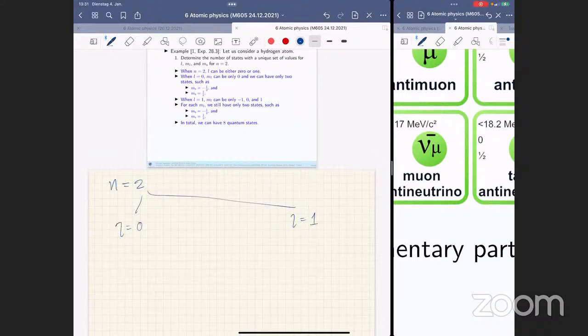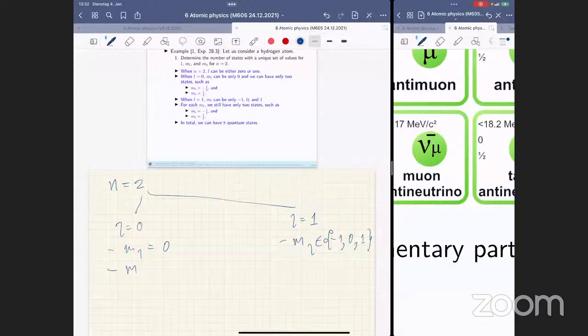For L equal to 0, you could have ML equal to 0 only, and here you have ML equal to any value in that set between, it's -1, 0, and 1, right? And MS is the possible value for the new quantum number, which is the spin number.